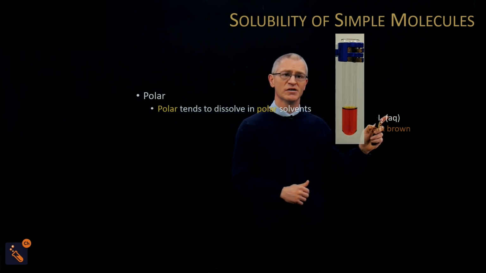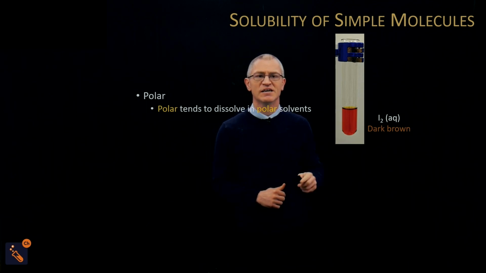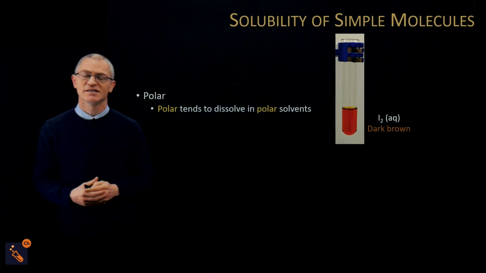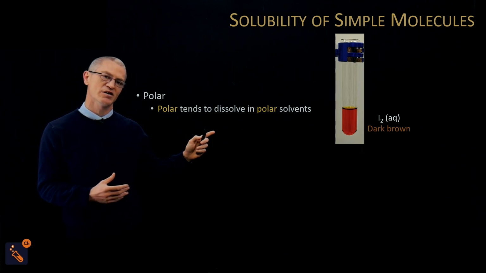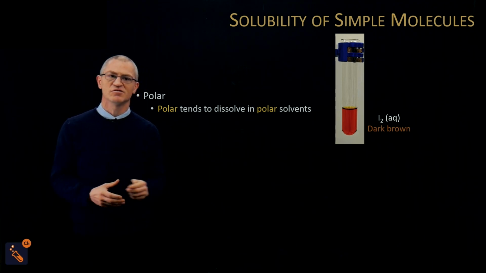Well, iodine is not polar. Water is polar, so therefore, there's not a lot of iodine dissolved in here, and hence, iodine is not its natural colour. Its natural colour is purple, so a solid iodine is a very, very dark purple. You can't see purple here, it's dark brown. That's because it is a non-polar dissolving in a polar solvent.